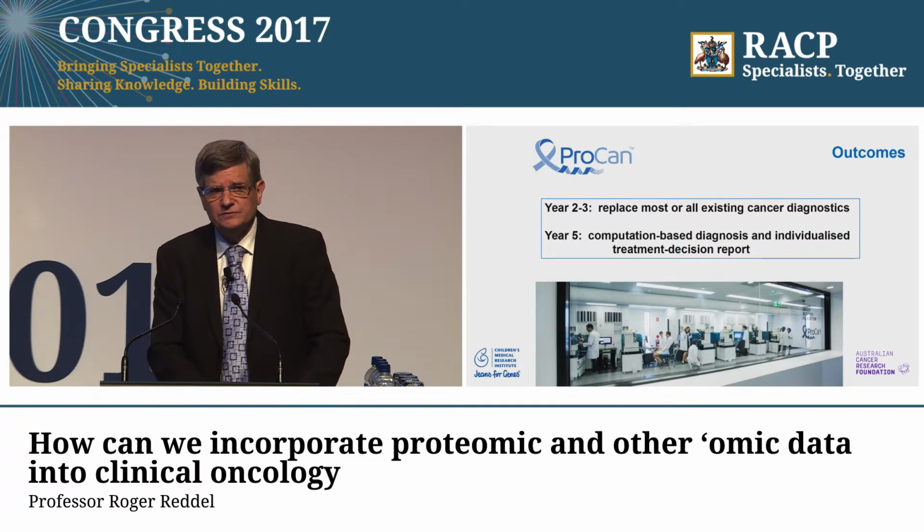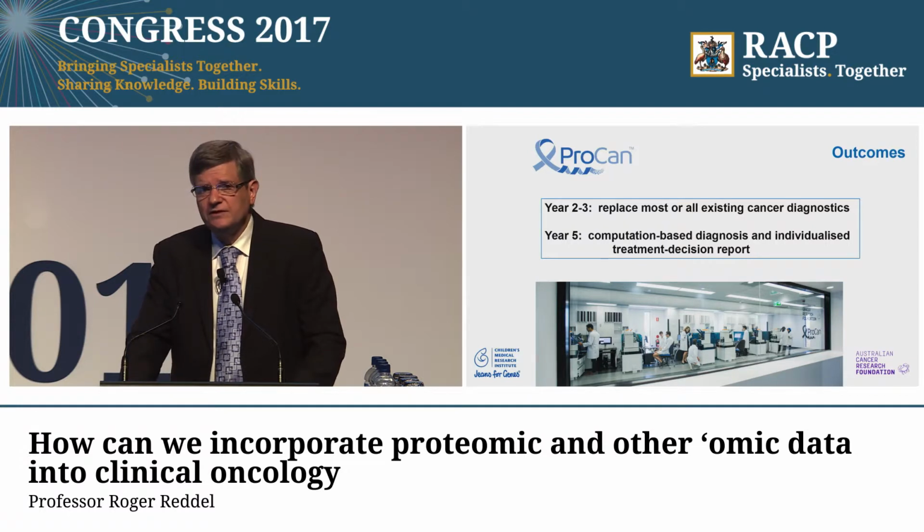So the outcomes are that within the next couple of years, we believe it will be possible to replace most of the existing protein-based cancer diagnostics, and most of the existing cancer diagnostics are in fact immunohistochemistries, which means that you're looking at one protein at a time, usually on a tumour section.